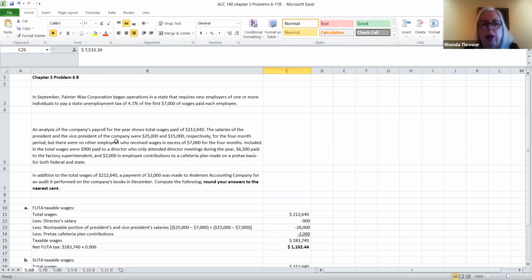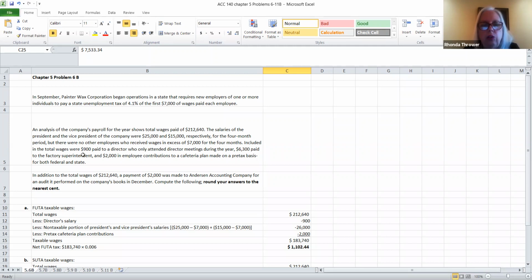So only the president and the vice president received wages that were above the ceiling of $7,000. The other employees, there were no other employees who received wages in excess of $7,000.